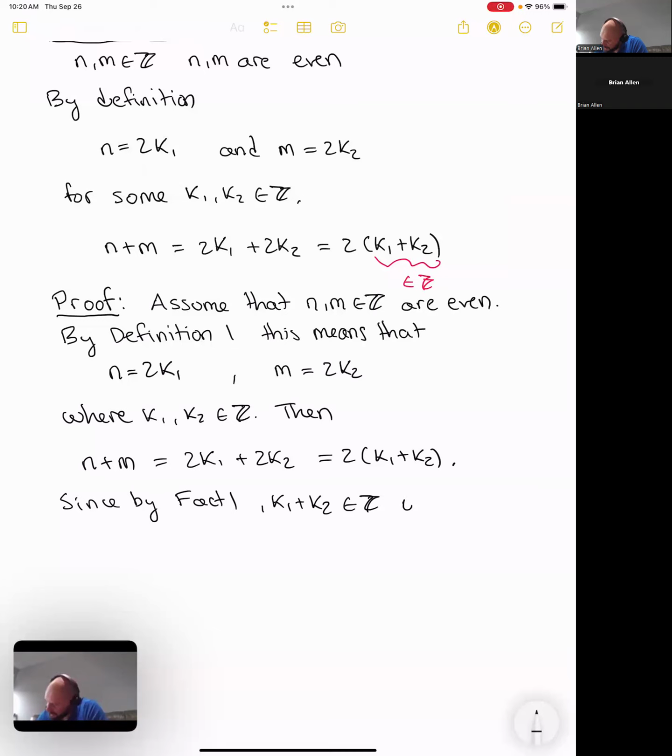We have shown that n plus m equals 2 times an integer, where L equals k1 plus k2.